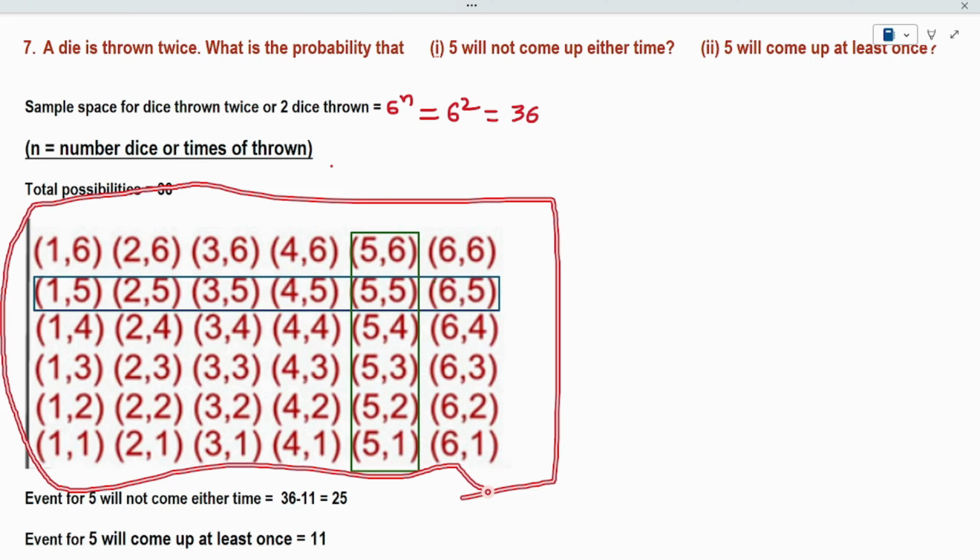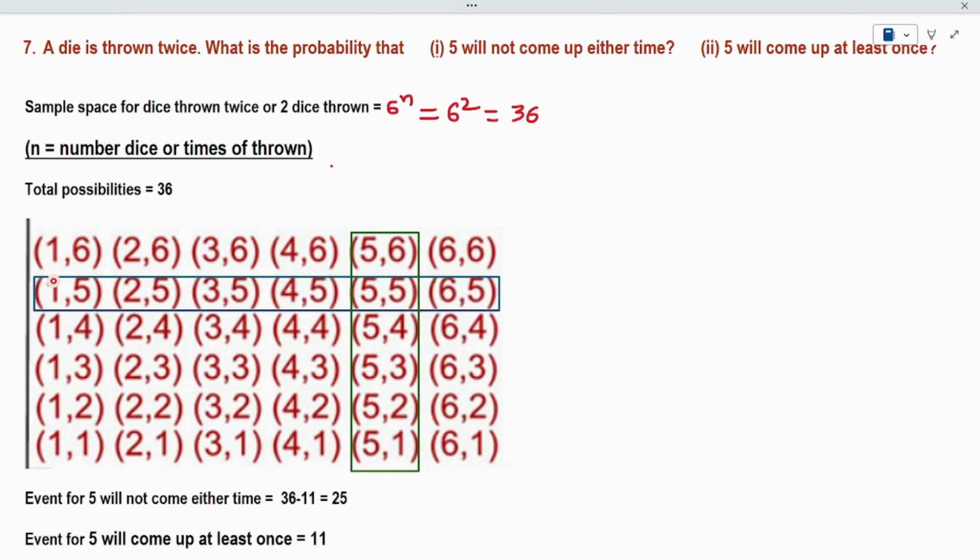We need to find the event of 5 not coming either time, which means we need to find the results which don't have at least one 5. So it doesn't have any 5 at first place or any 5 at second place. So I need to remove all the possibilities which included 5 either at first place or at second place.